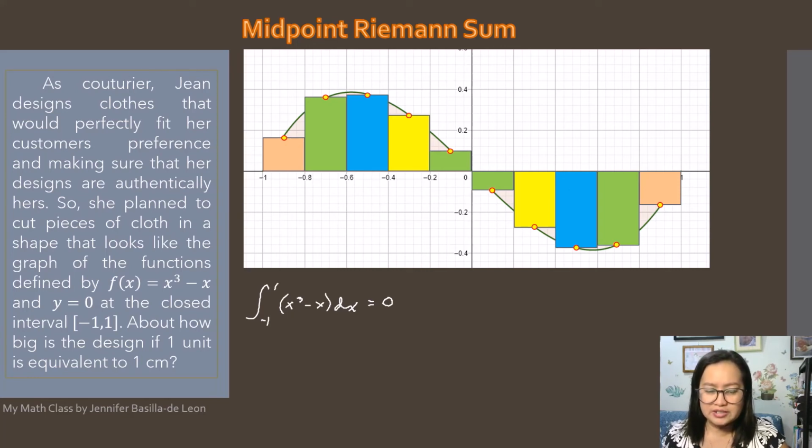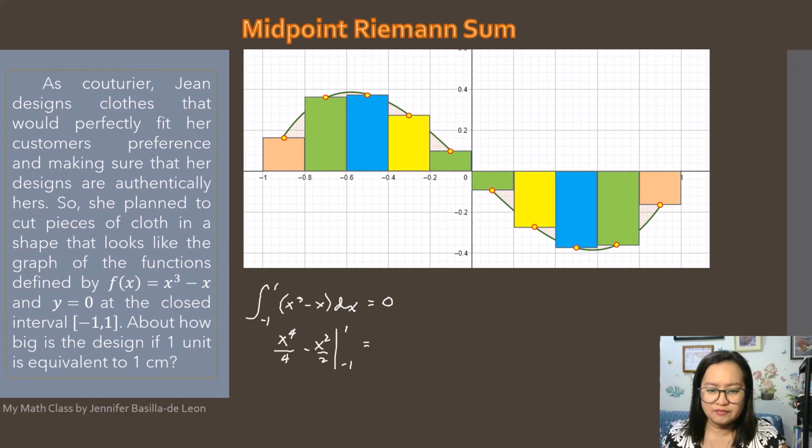Now we get the antiderivative of x cubed minus x. That would be x raised to the 4th power over 4 minus x squared over 2, evaluated from -1 to +1.